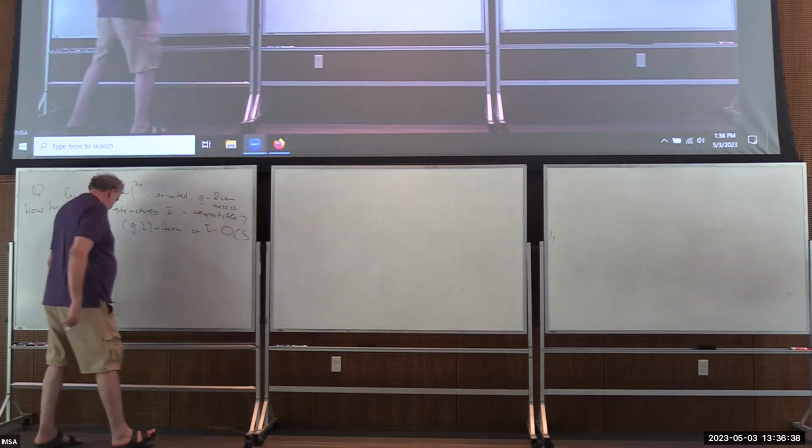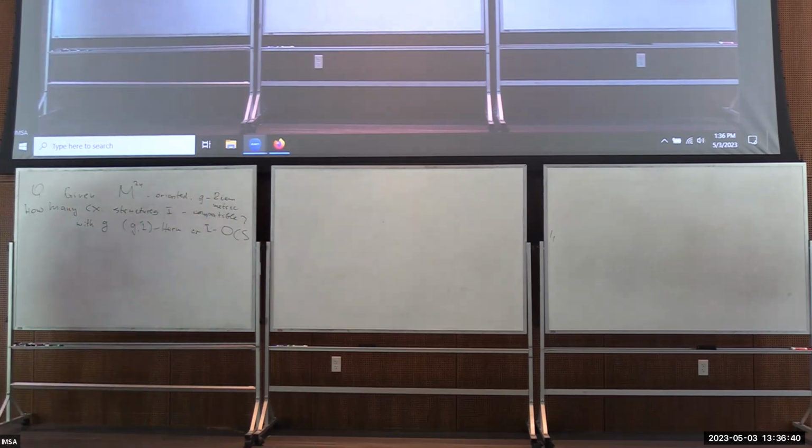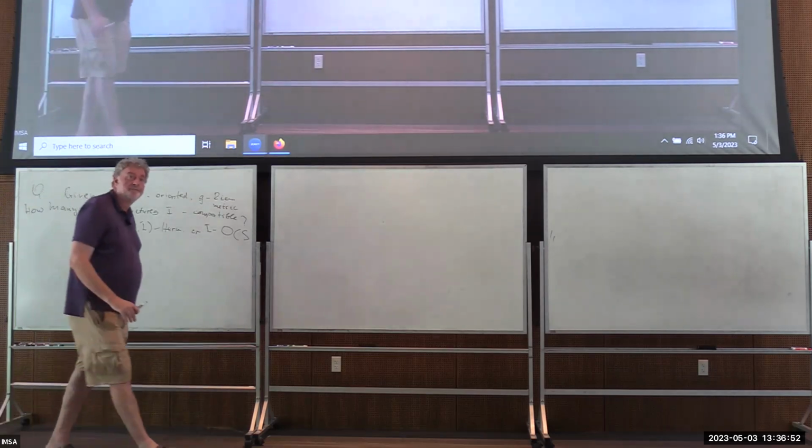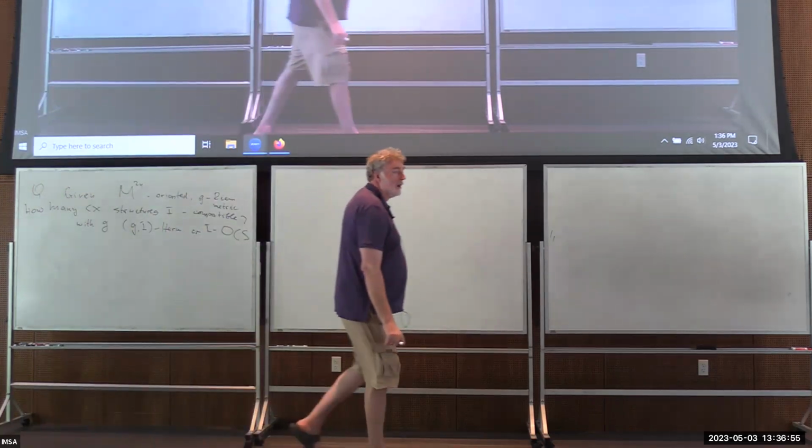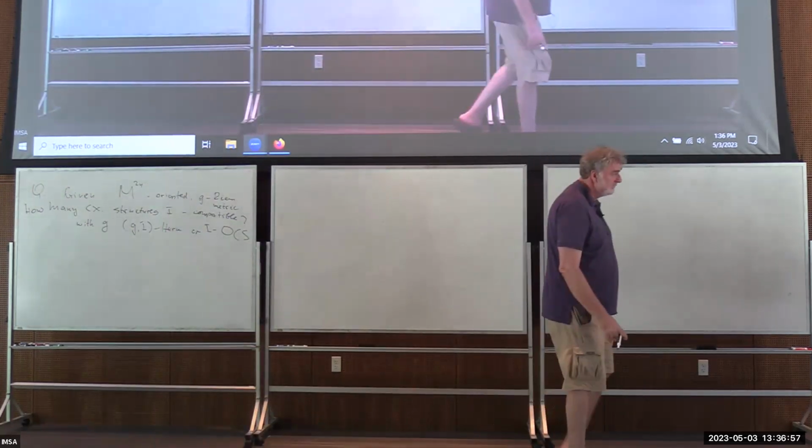Out of this question, you know very well the nice answer when n is equal to 2, dimension 2. It's an excellent correspondence, one to one: one metric corresponds to one complex structure.